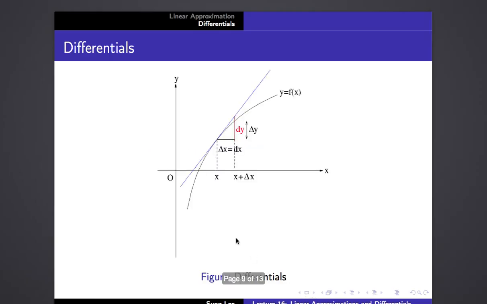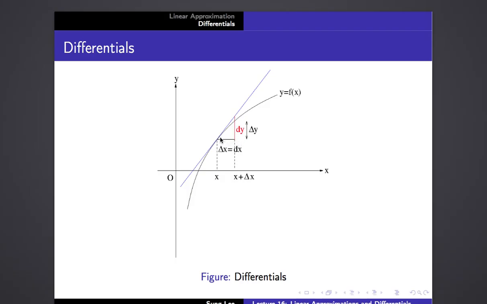So I'm going to go back. In that case, when delta x is very small, so small, close to zero, that it is actually infinitesimal, then delta x is going to be the same as dx, right?